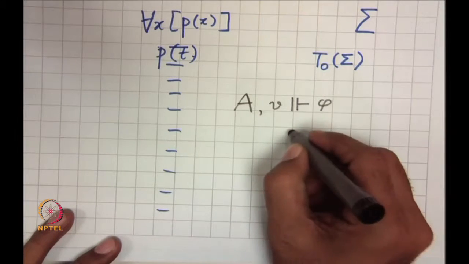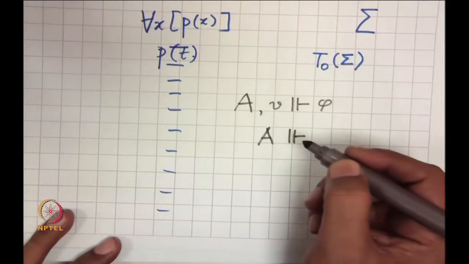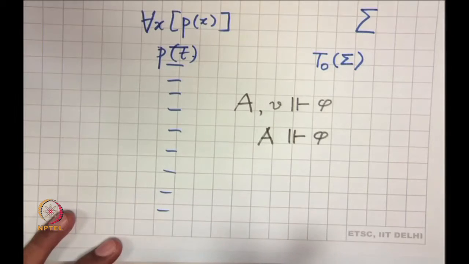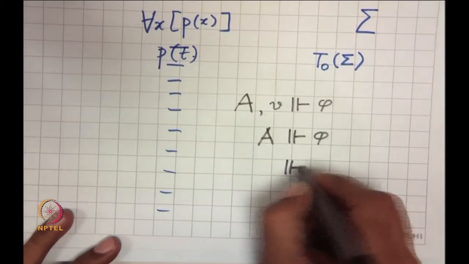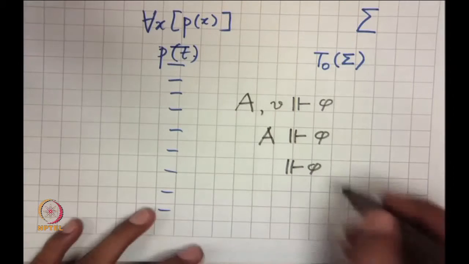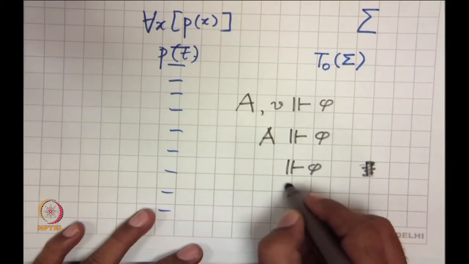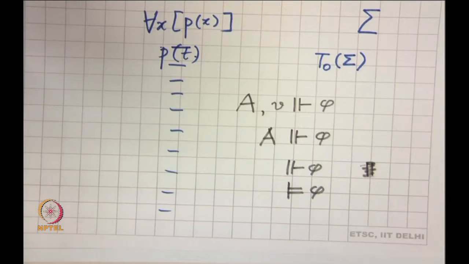The next one was that you have a structure and you ask whether the formula is valid for all valuations. And the third one was that, regardless of the structure, whether the formula is valid. And what I told you at some point was that this is the same as logical validity.